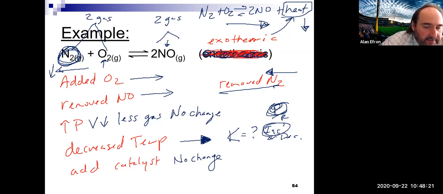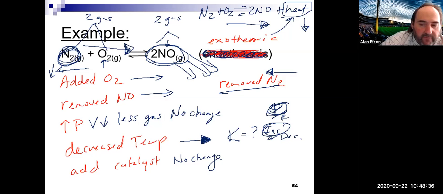What's happening here is when we remove this, we're depleting this side, making it deficient. What that's going to really do is jumpstart the forward reaction, and we will see some more products to fix that, if you want to think about it that way.